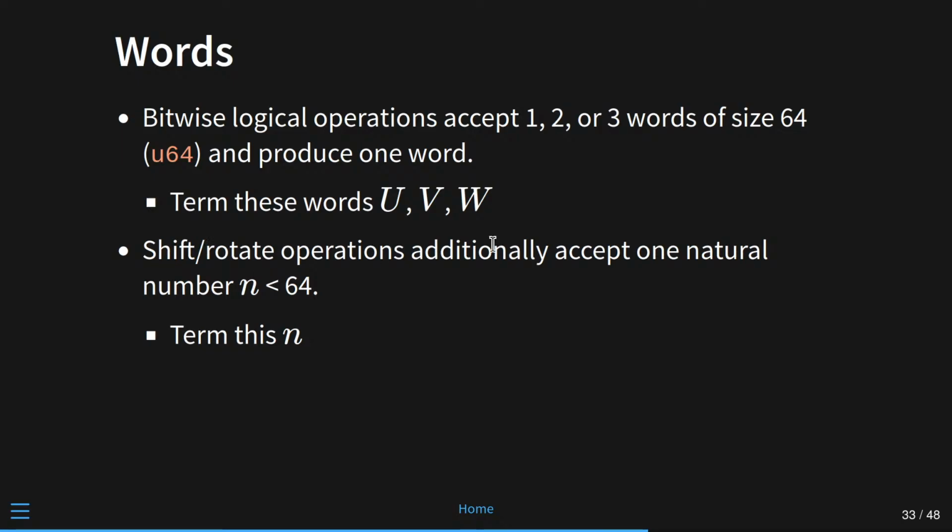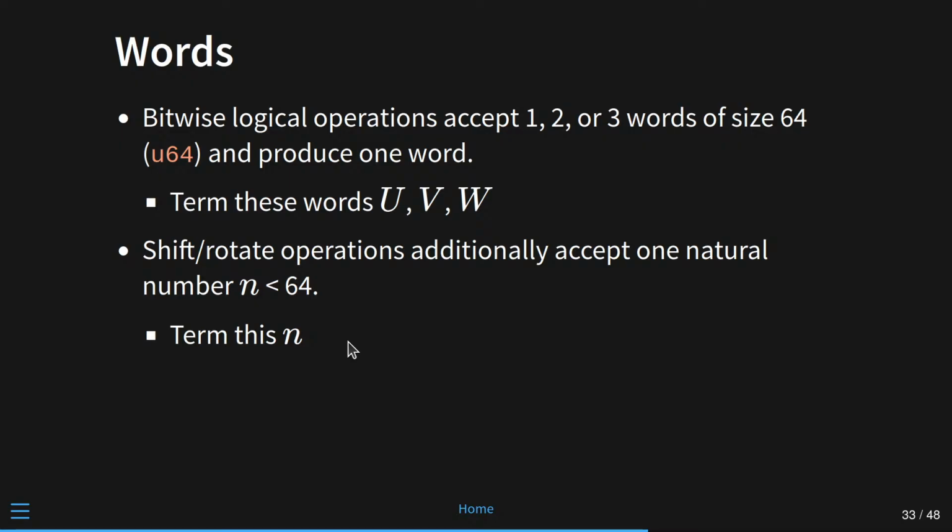Shift and rotate operations are going to accept 1 word of any size, and they're going to accept 1 natural number that is smaller than the number of bits in the size. So this is kind of weird. You would represent this actually as a U6, which is not a thing that exists, right? So I'm just going to say it's a small natural number, and we're going to call this n, using lowercase italics n. It is not a word.